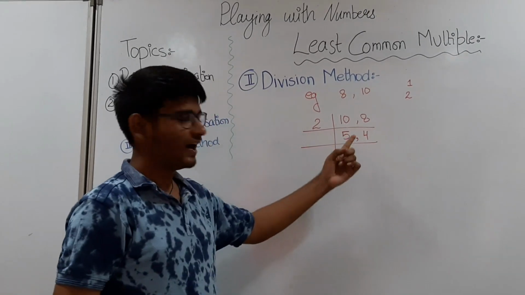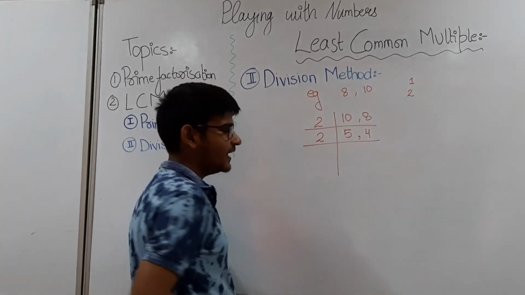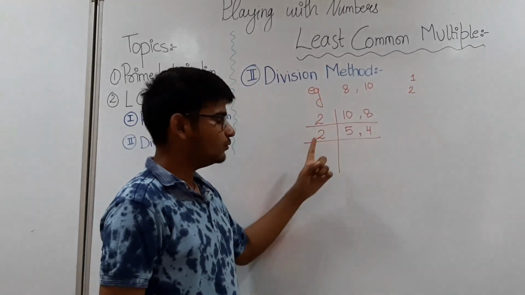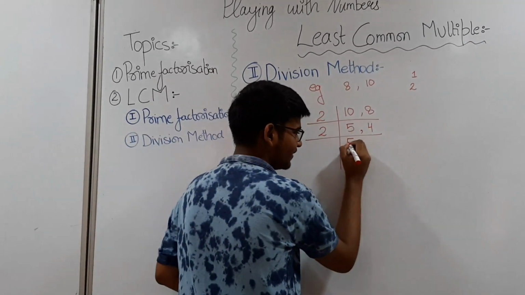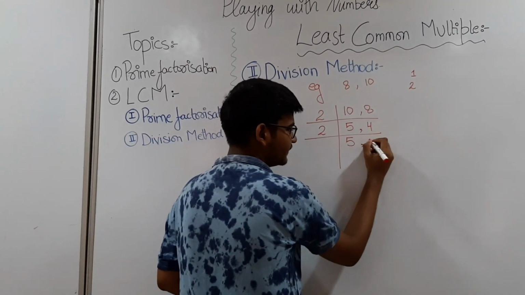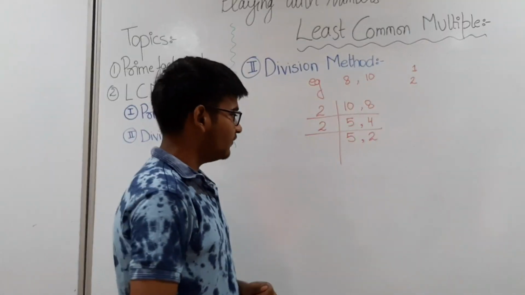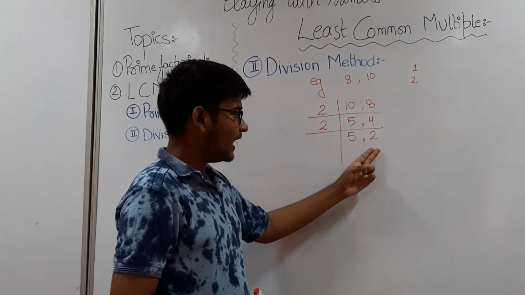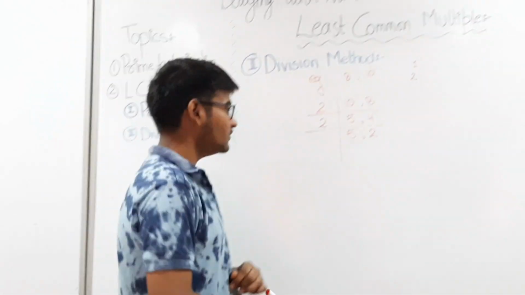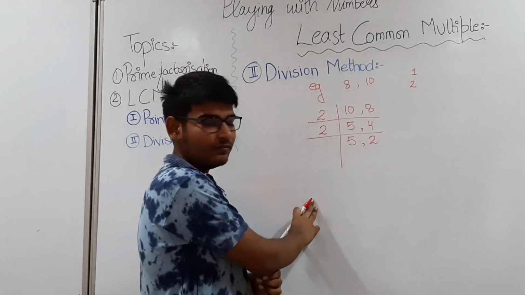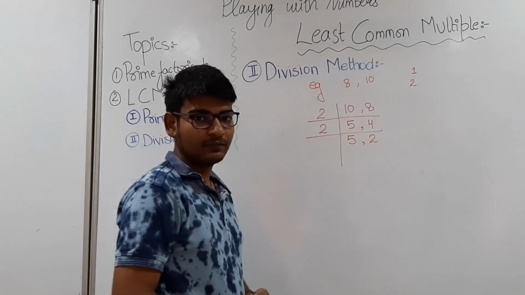Now 5 and 4 can be divided again by 2, but since 5 does not divide completely by 2, we will write 5 as it is and we will divide 4 further. Now here 2 and 5 are also prime numbers, so either we can continue our division or we can just multiply these numbers obtained.